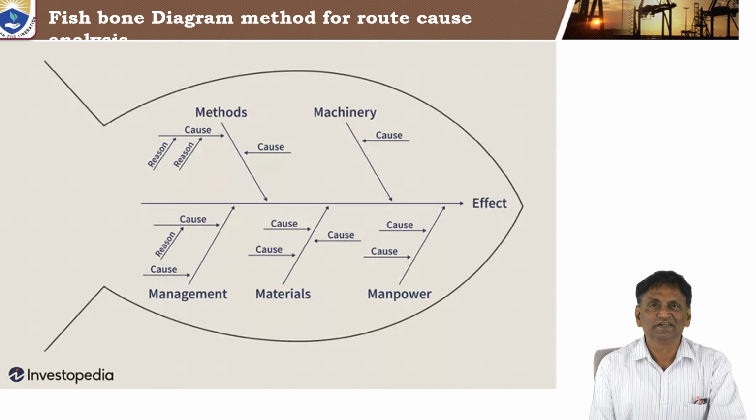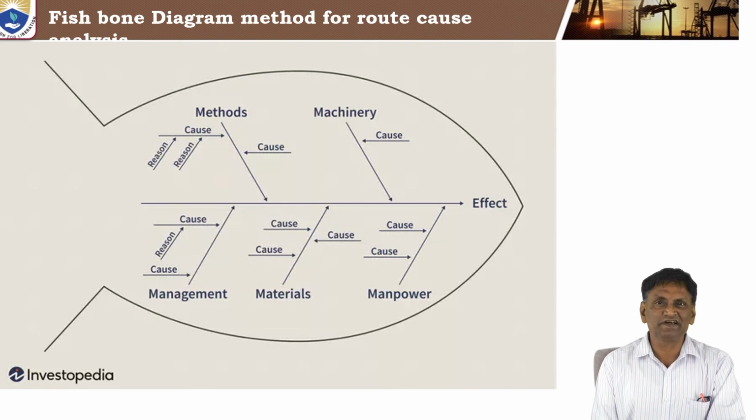In the beginning of the class, we told we would learn two methods in today's class with problem solving techniques. One method we already learned is called the Why-Why method. Now the second method is more complex, but it is suitable for solving more complex problems. This is called the fishbone method.